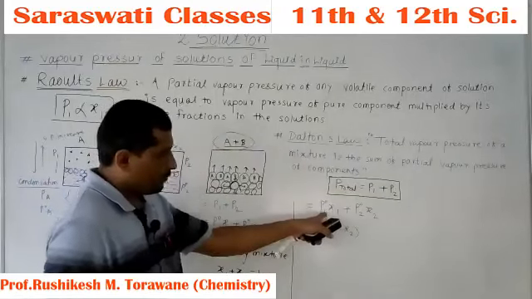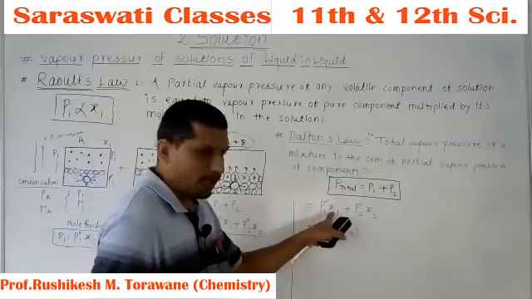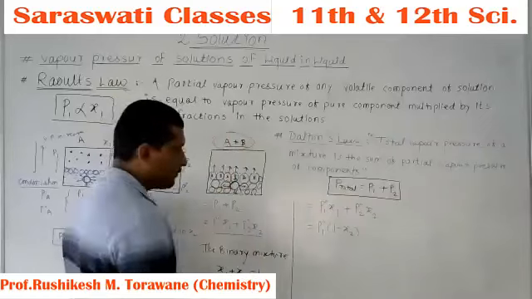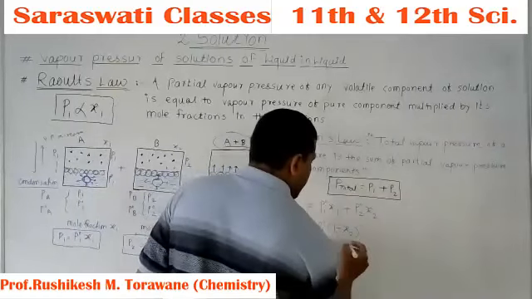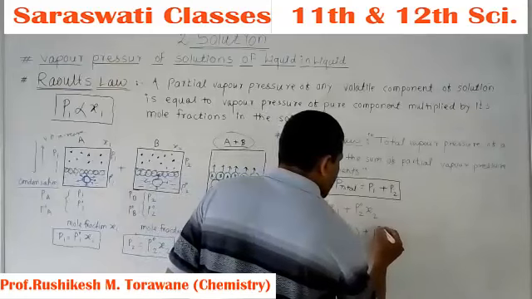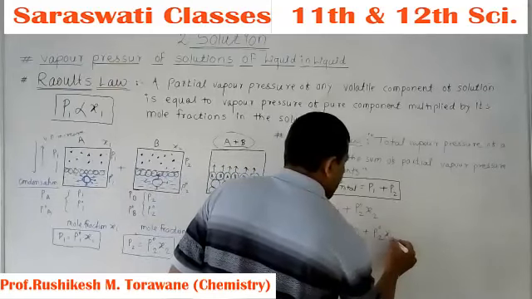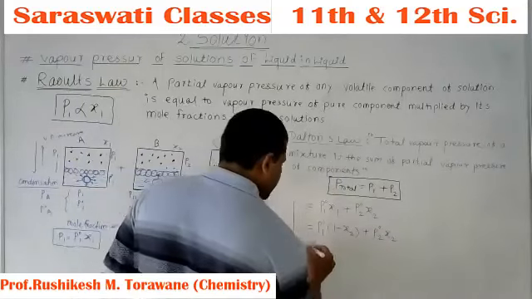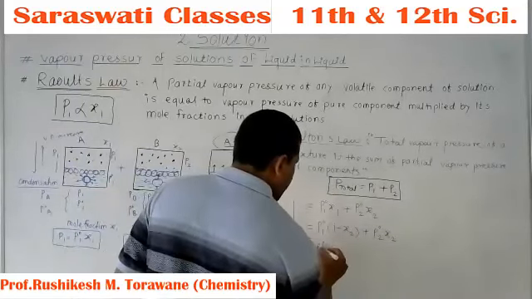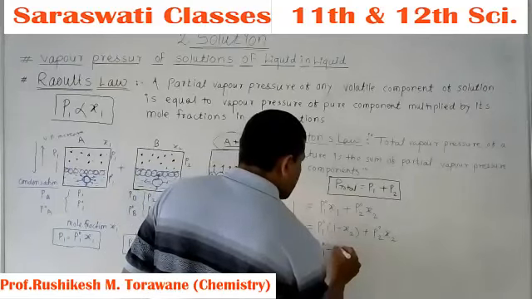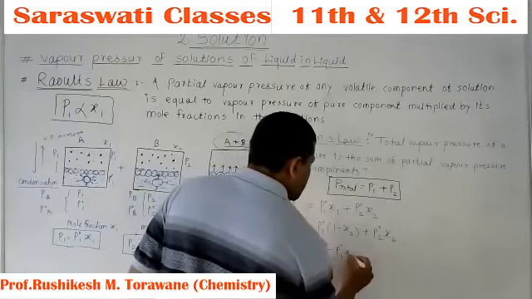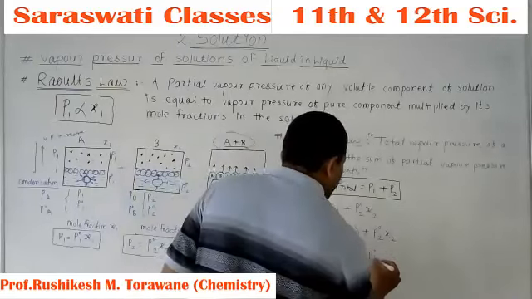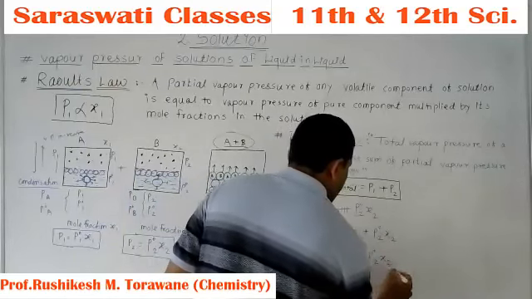Here P naught 1 is the vapor pressure and x1 the mole fraction of the first liquid, P naught 2 and x2 for the second liquid. P equals P naught 1 times (1 minus x2) plus P naught 2 x2. Multiplying out, we get P naught 1 minus P naught 1 x2 plus P naught 2 x2.